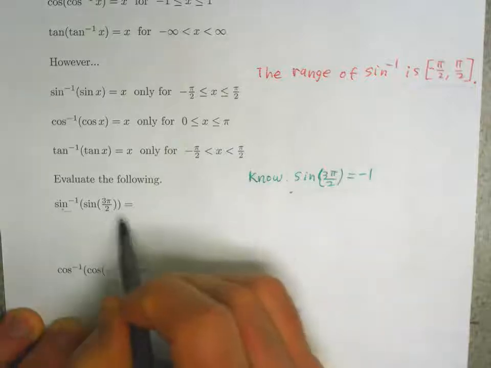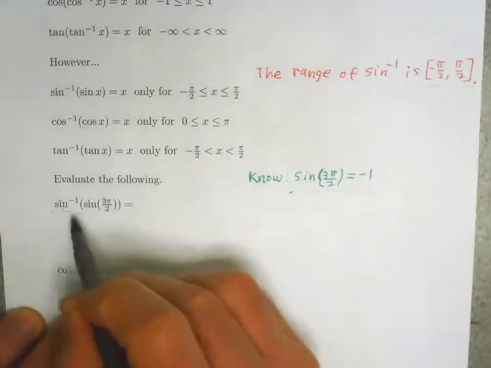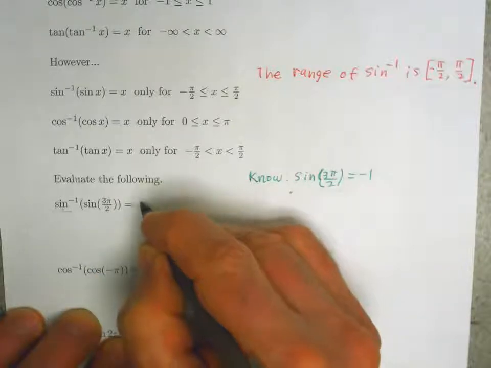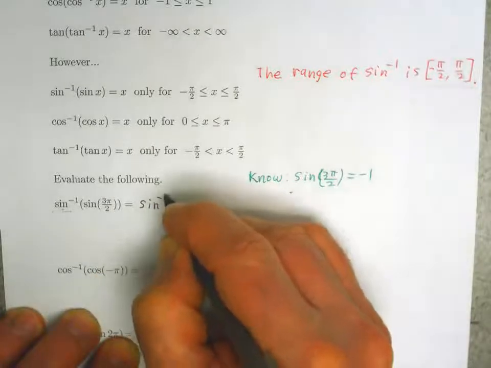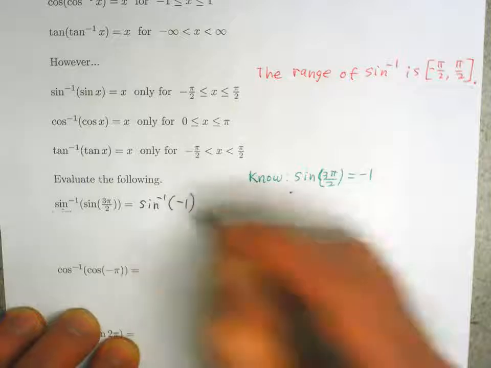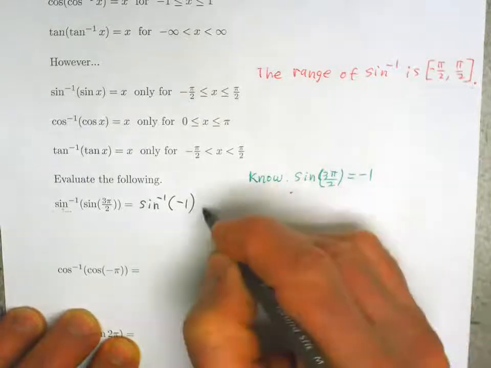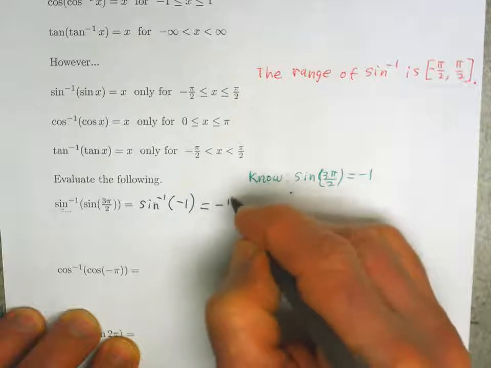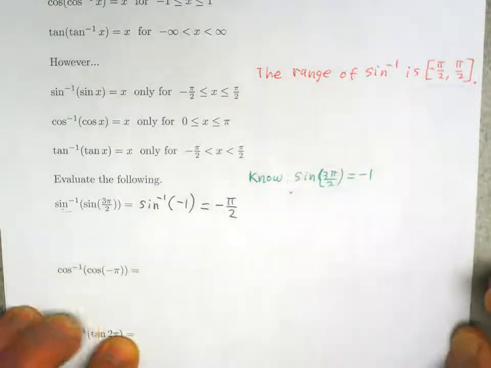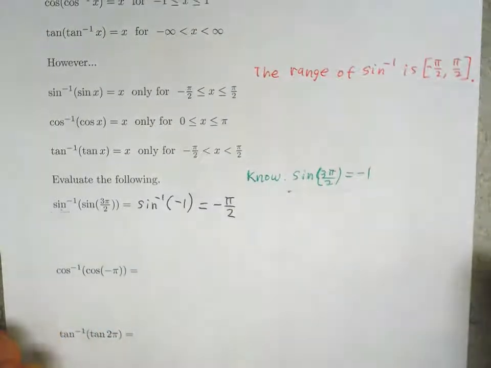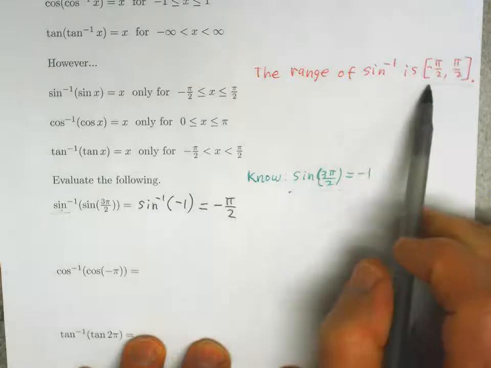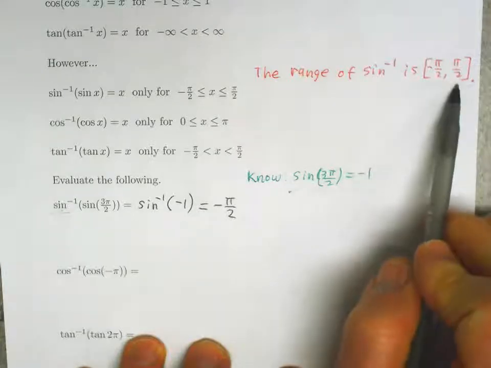So we can do this in steps. Inverse sine of sine of 3pi/2 is equal to the inverse sine of -1. And the inverse sine of -1 equals -pi/2, because the range of inverse sine is from -pi/2 to pi/2.